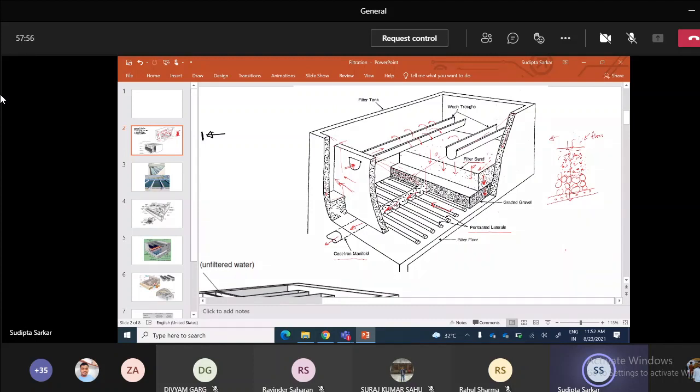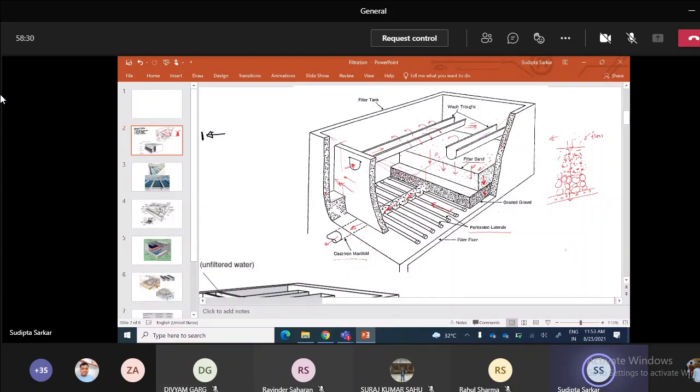As it gets choked, it offers a lot of head loss for the water to pass through, because there is not enough pore to pass through. Then the water level on the bed will start to rise, and when it starts rising, we understand that the filter bed is getting clogged. After it rises to a preset level, it is time for making a backwash.